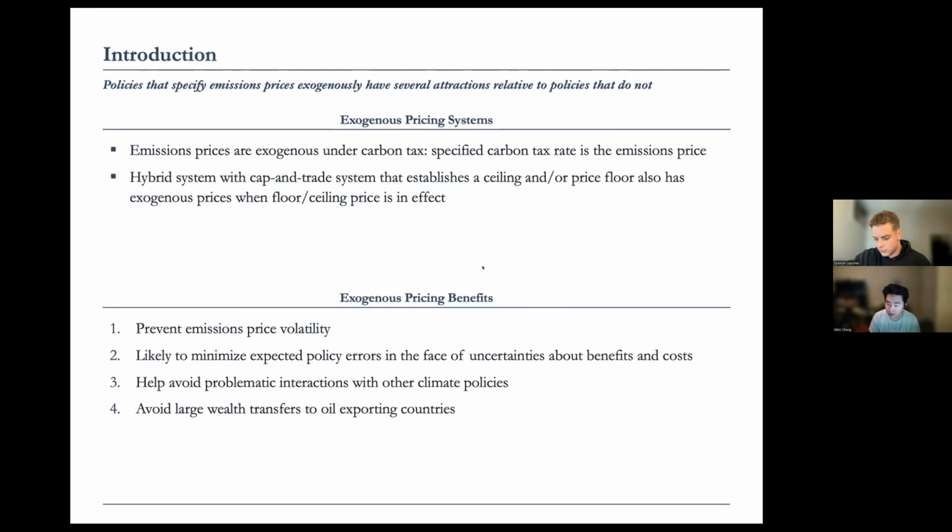And in a hybrid system with cap and trade that establishes a price ceiling and price floor, those are also exogenous in that consumers and producers both realize what the price ceiling and price floor are. Ultimately, we went over these four benefits that are beneficial when the prices are exogenous rather than endogenous in a pure cap and trade system.